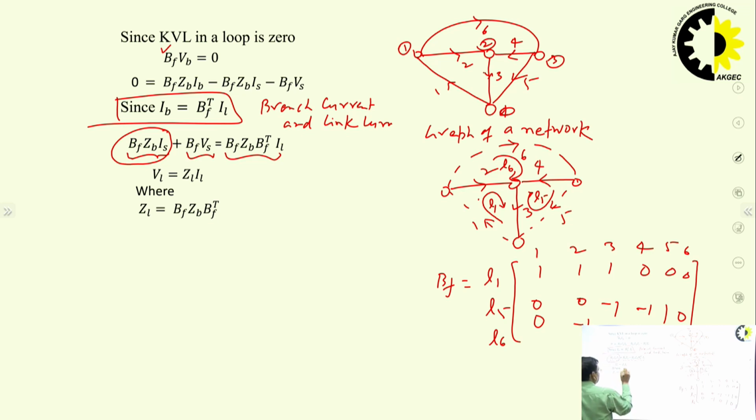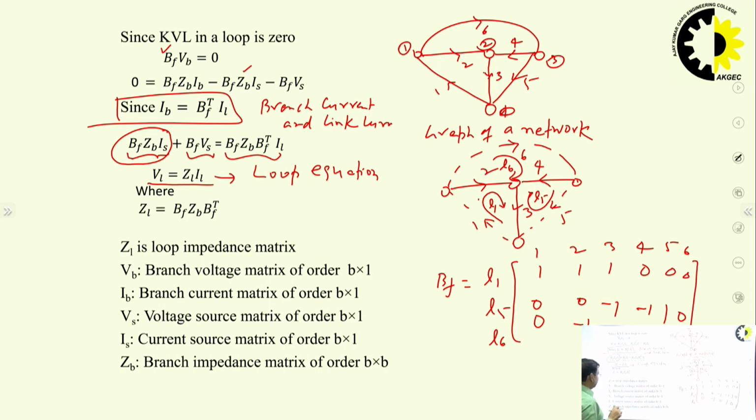So VL is equal to ZL IL. This is the loop equation. ZL is BF ZB BF transpose. What is ZB? ZB is the branch impedance of the network.